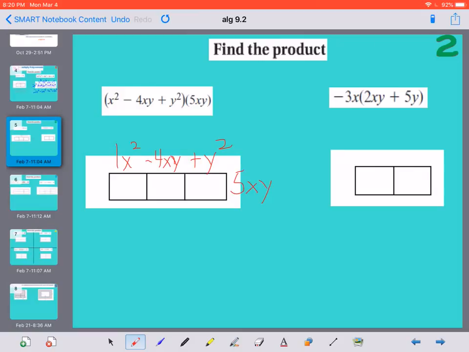So we're going to start by multiplying the number. 5 times 1, that's going to give me 5. Here I have 2 x's, and in this one I just have 1. So x times x squared is going to give me x cubed. I have 3 x's. And then no y's, so I can just add a y.